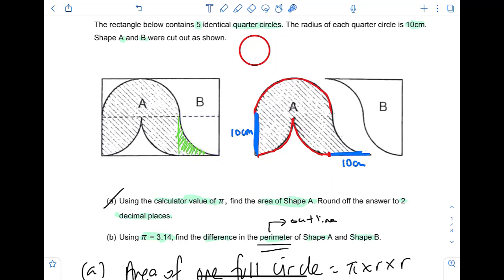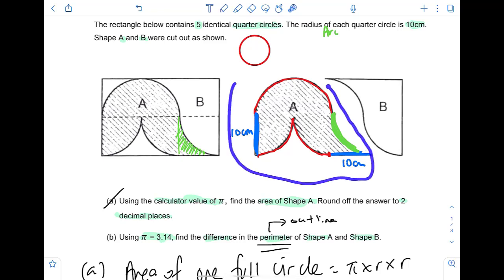Now, there is also one more section that does not have any partner, so that is actually a quarter circle arc, A-R-C. Take note, this green part is not the full circumference, it's just a quarter circumference. And that will be the perimeter of shape A.